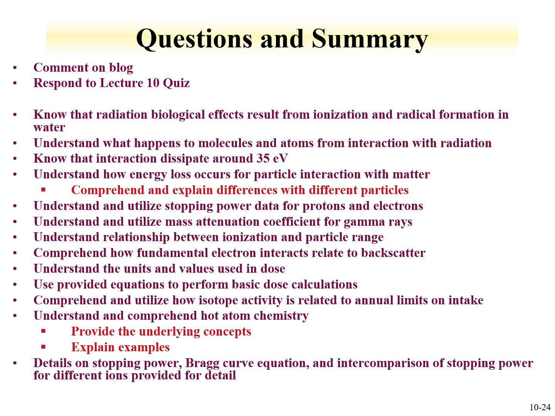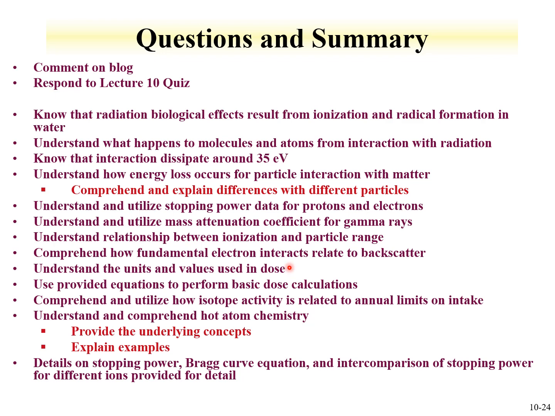You should understand and utilize stopping power data for protons and electrons. This is the same for mass attenuation coefficients for gamma rays. You should understand the relationship between ionization and particle range. Comprehend how fundamental electron interactions relate to backscatter, as backscatter is a method that can be used for chemical analysis.